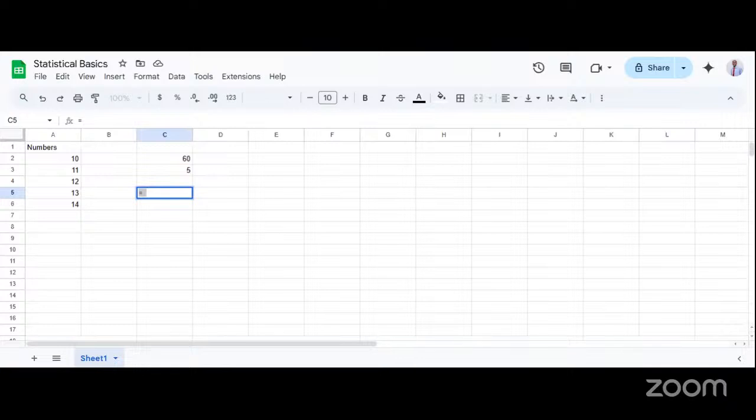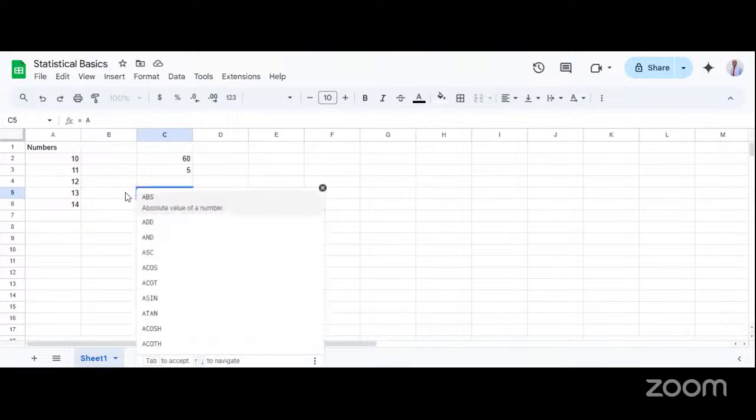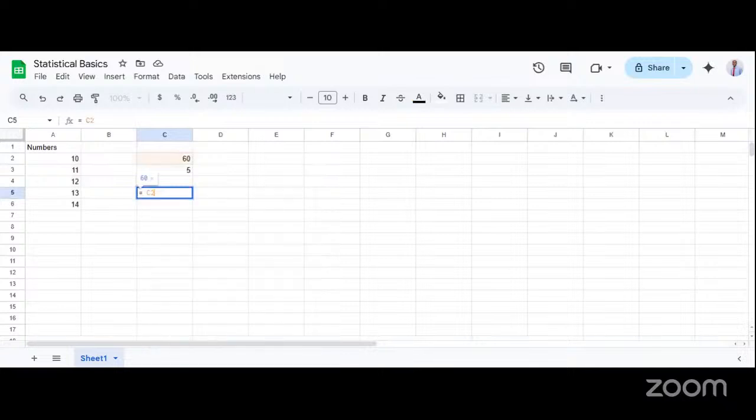To calculate the mean, in this case, we have the sum of all data points, which is 60, right? So reference C2, which is 60. I'm just referencing the cell that had the sum together. Then C3.